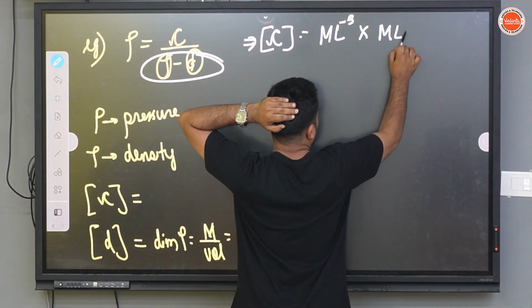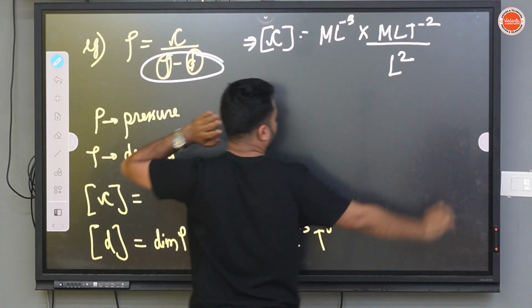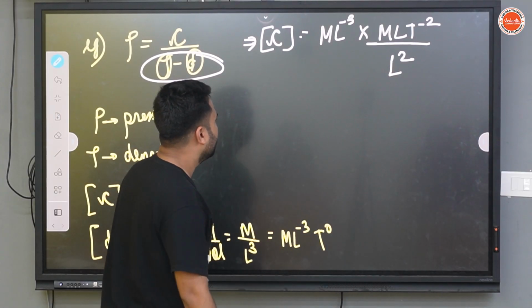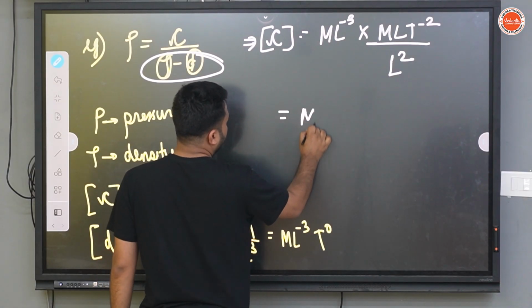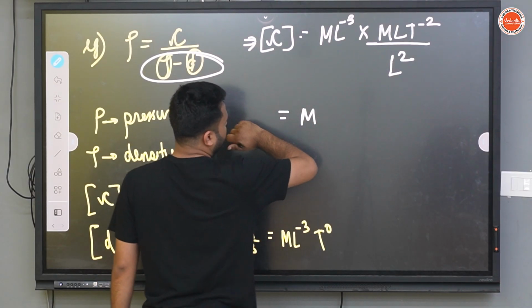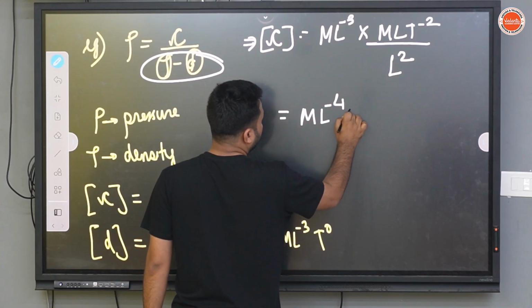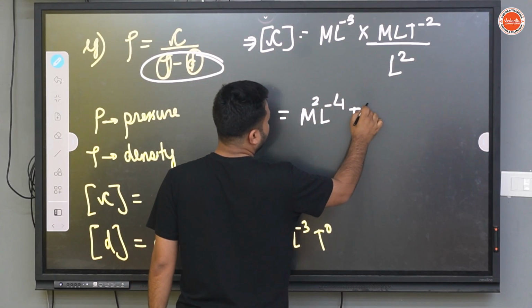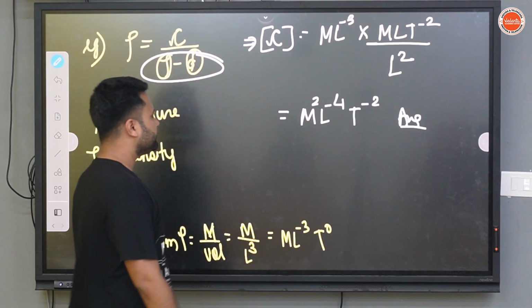Force is M L T minus 2, divided by area, that is length square. Now you can calculate: M, L minus 3 minus 2, L minus 5 plus 1, L minus 4. M square L minus 4 T to the power minus 2. This will be the dimension of C.